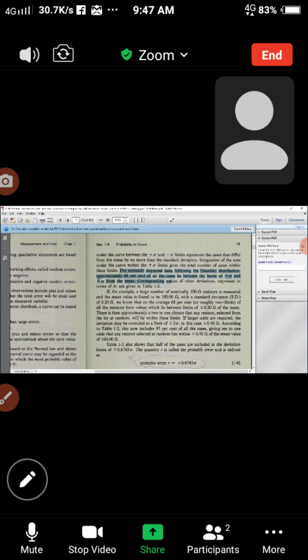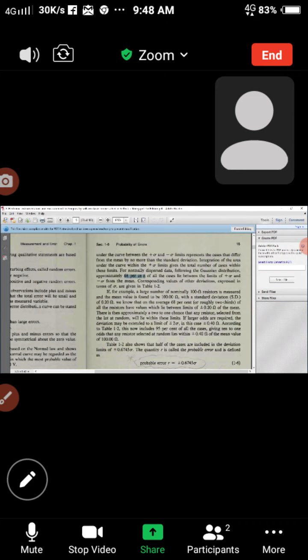That means around two-third of error signals lie within plus or minus sigma, or very close to 100 volt. Observation has found that two-third comes within the close range of actual reading.